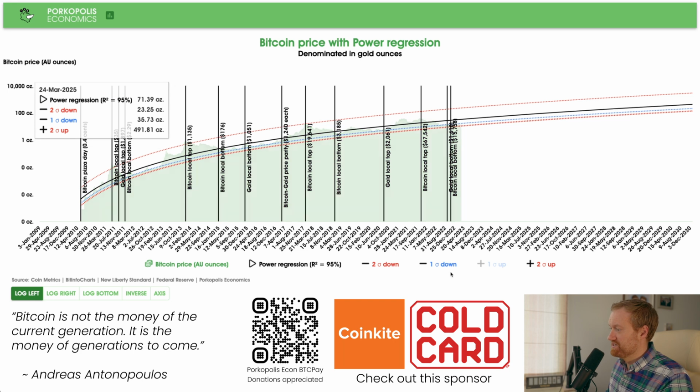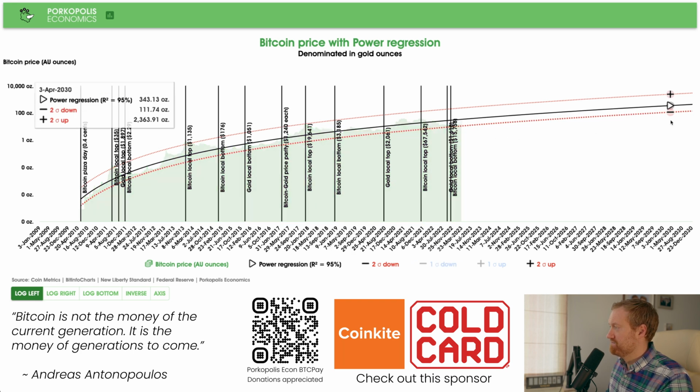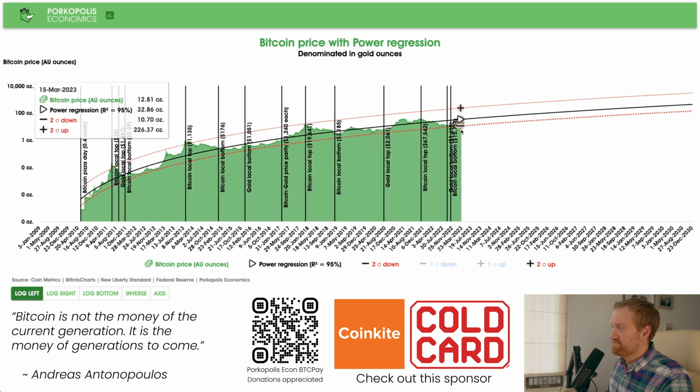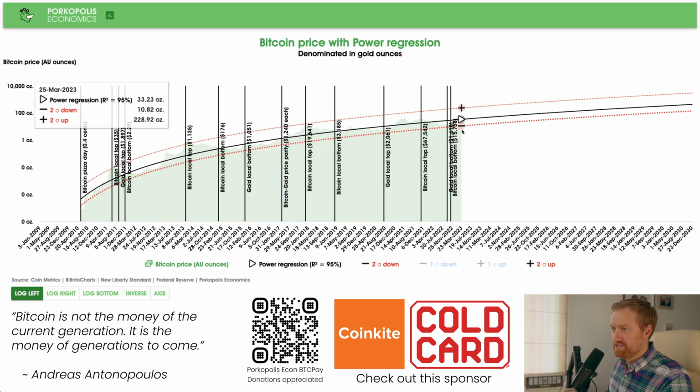But the interesting thing is we can extend this out to where today it is roughly 14 ounces of gold per Bitcoin. And again, see my videos for further information in dollar terms, in market cap terms, and so forth.